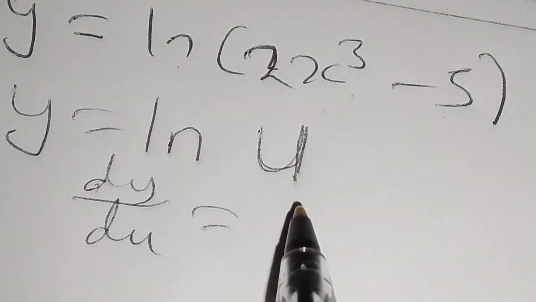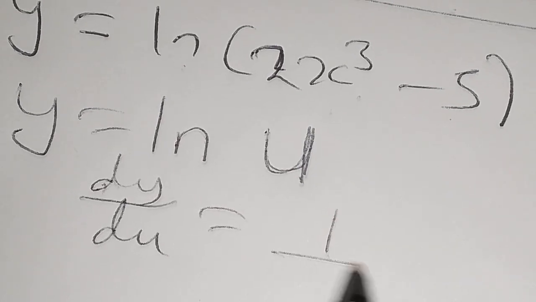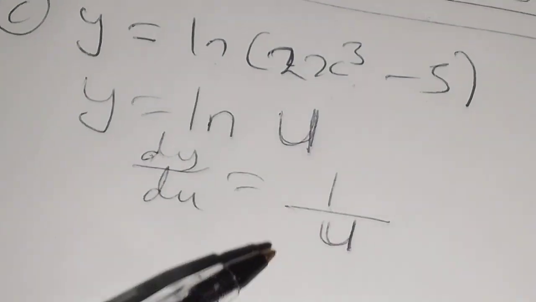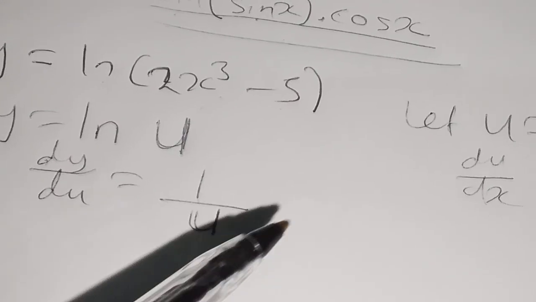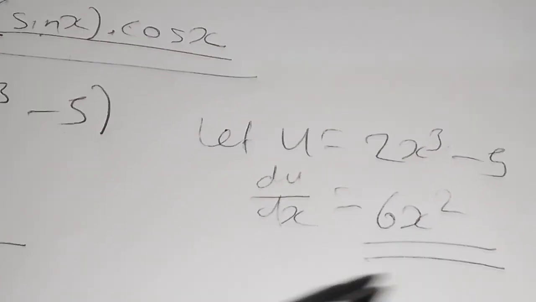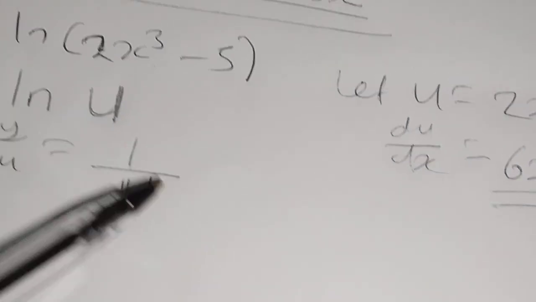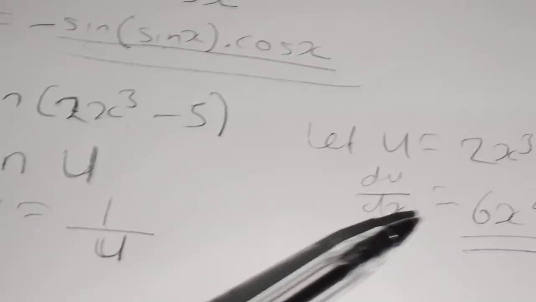Then now you can multiply dy over du by du over dx. So if you multiply this, you're going to have 6x squared over u. Then what's the value of u? We replace it with 2x cubed. As simple as that.